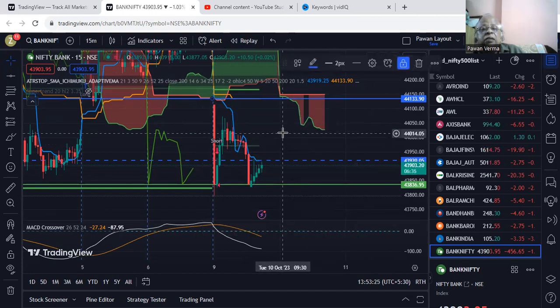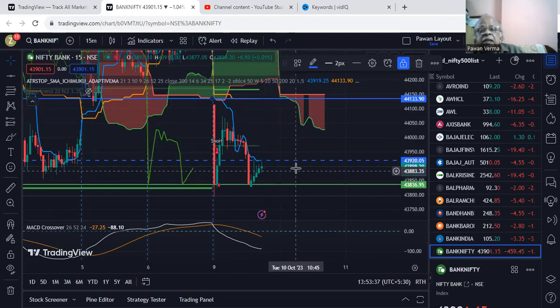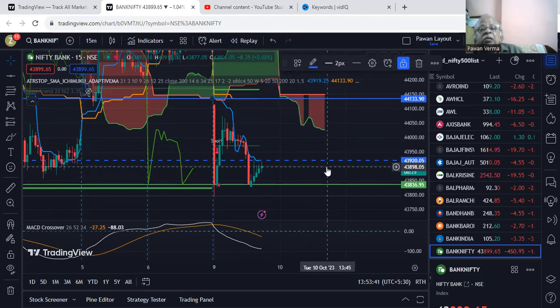So this is the first target of Bank Nifty. See, I am talking about a target when the index value is traded above 43,920, not below that. Okay, my dear friends.